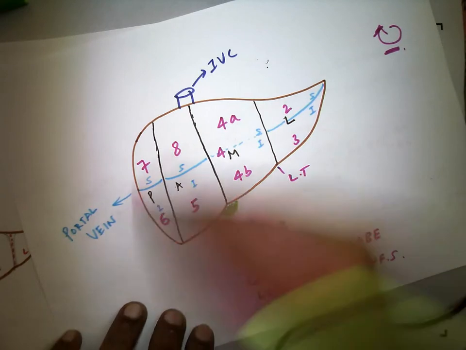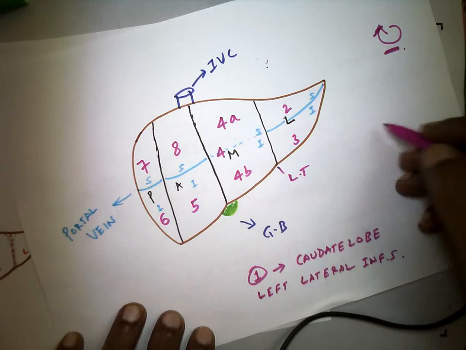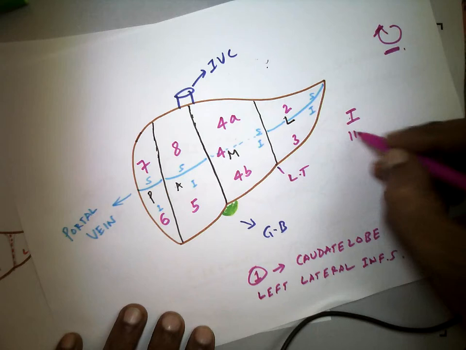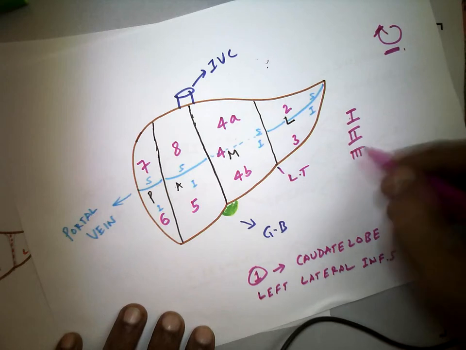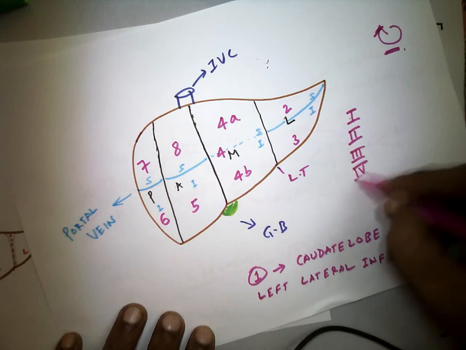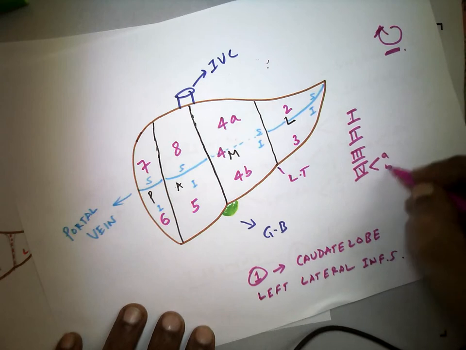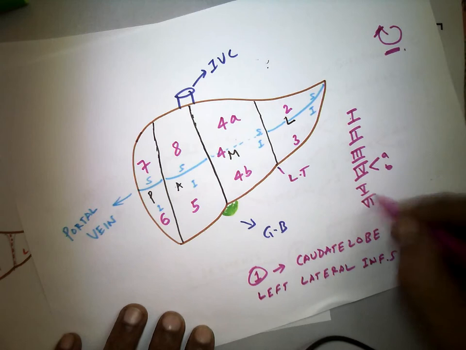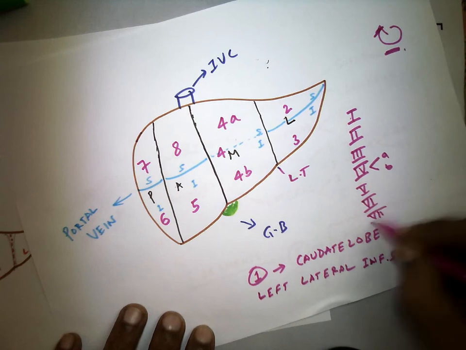Instead of these numericals, even the Roman numbers are also used. There is segment 1, segment 2, 3, 4 is having 2, that is 4a and 4b, 5 and 6, 7 as well as 8.